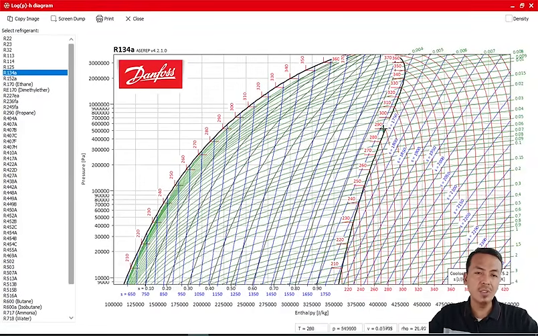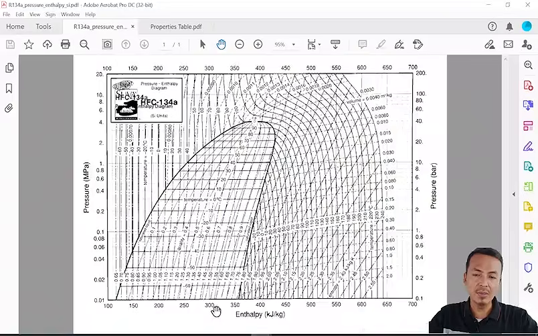In this log pH chart, I think this is more or less similar to a picture of the log pH chart as a result of a scan. Yeah, this is a picture, so you will get quite a big error.